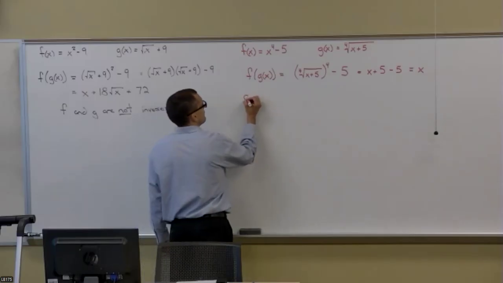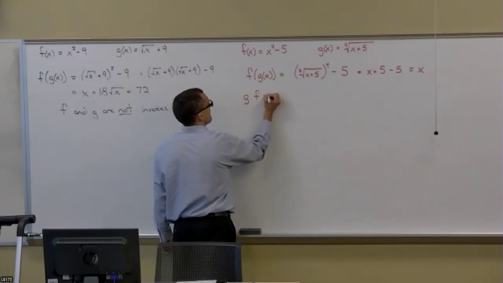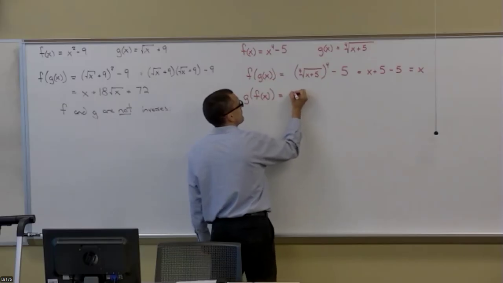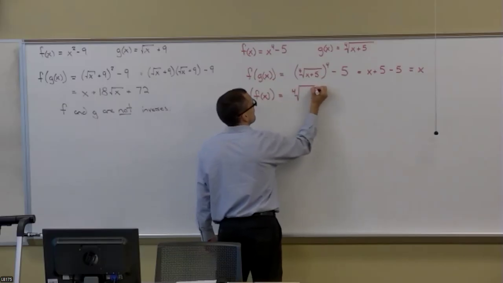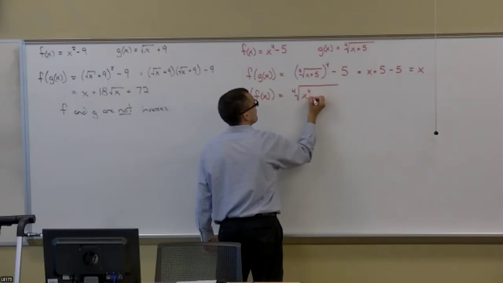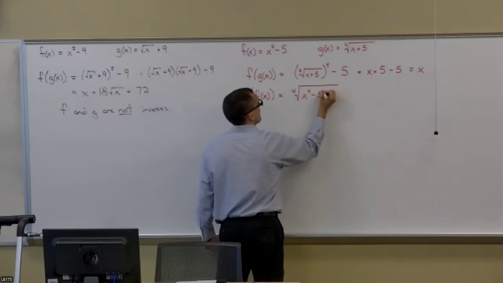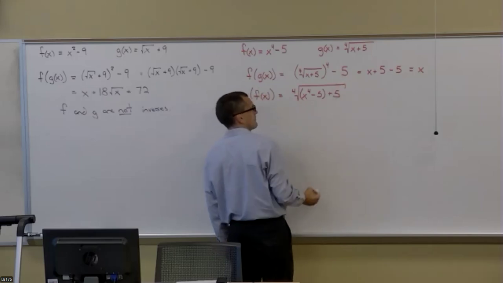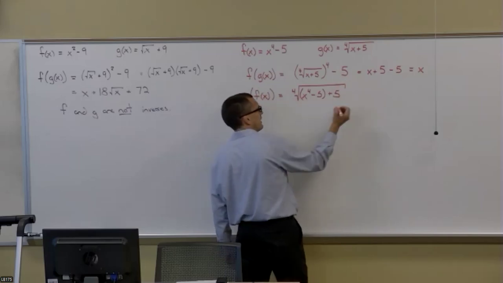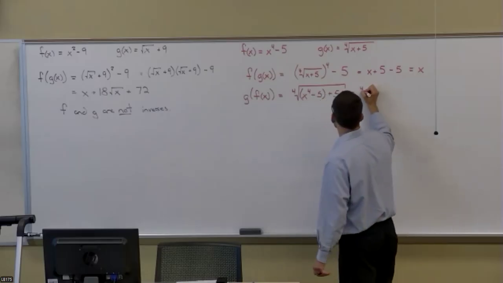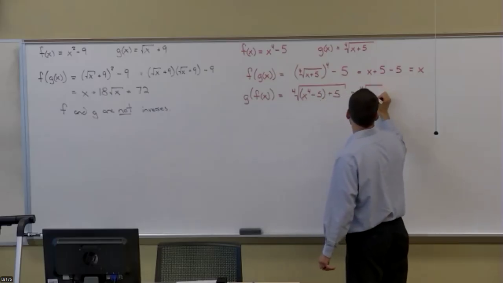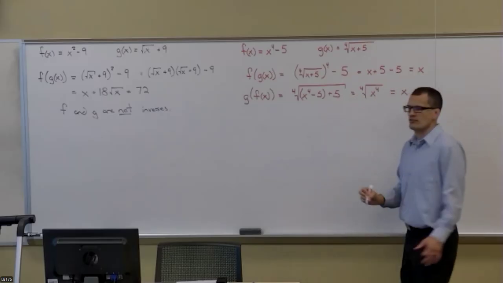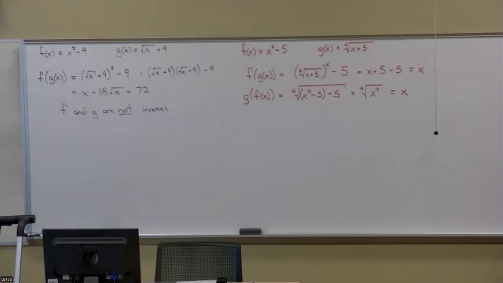By the way, if you did your function composition in reverse, we would do the fourth root of x to the fourth minus 5, and add 5. The minus 5 and the plus 5 would cancel each other out, and I would get a fourth root of x to the fourth, which, again, on certain domains is equal to x.